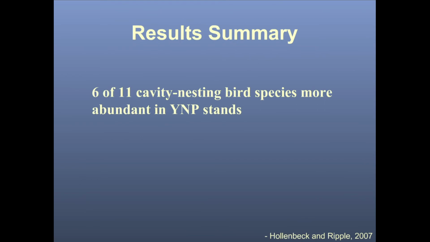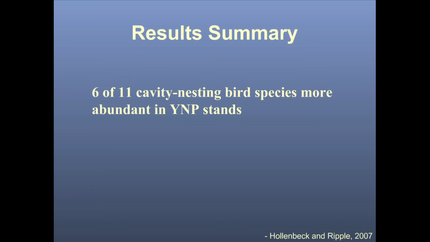What they found is that there were many, many more snags found within the park than outside of the park. And they found very little recruitment inside the park, but they also found more recruitment outside of the park associated, they think, with higher human hunter pressure. But what's really interesting is that 6 of the 11 cavity nesting bird species were more abundant in the park where you had this significant flux of snags.